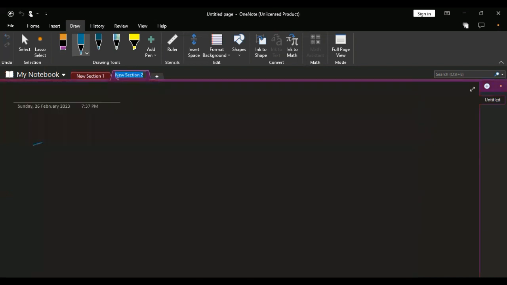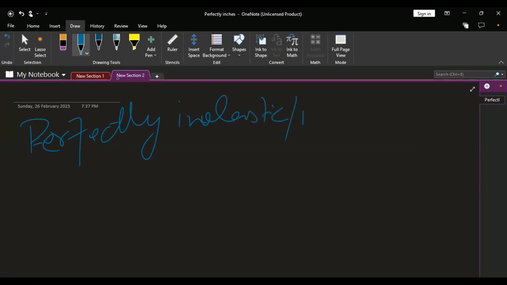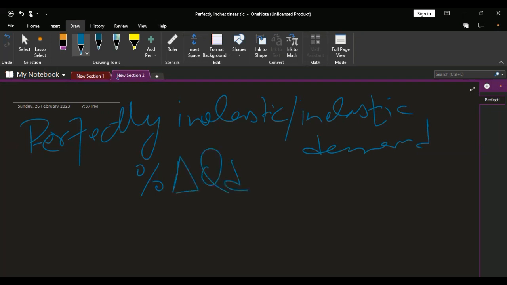What does this mean? Inelastic demand means that the percentage change in quantity demanded is less than the percentage change in price.